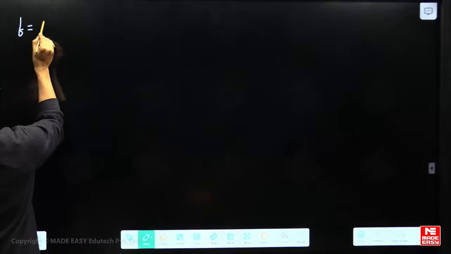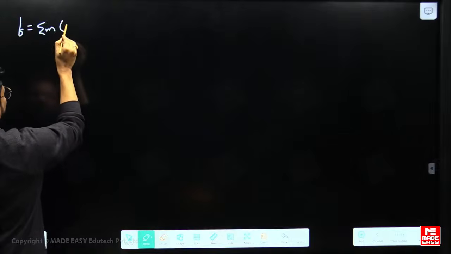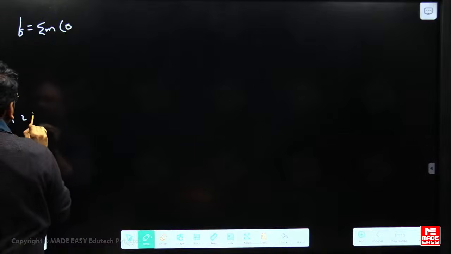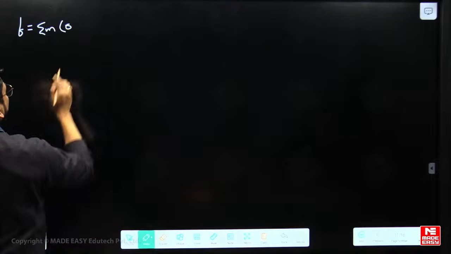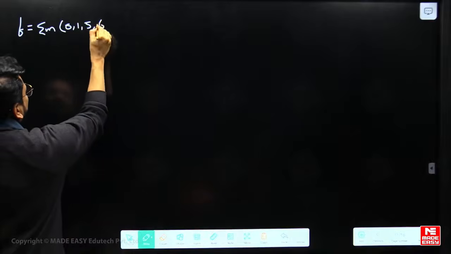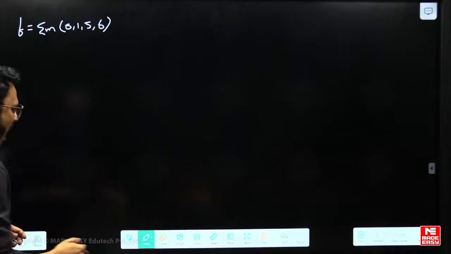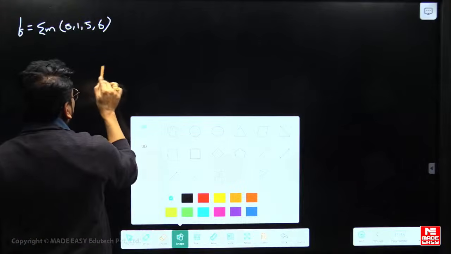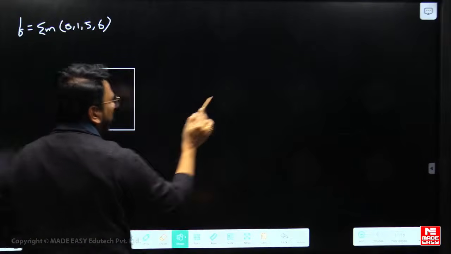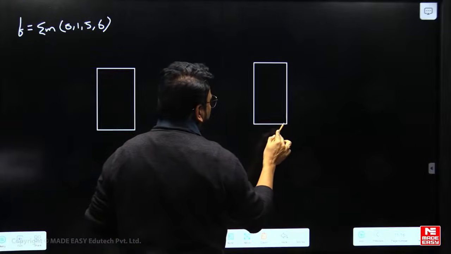For example, F equals sigma m of 0, 1, 5, 6, and they ask to implement it using a 4 by 1 mux.